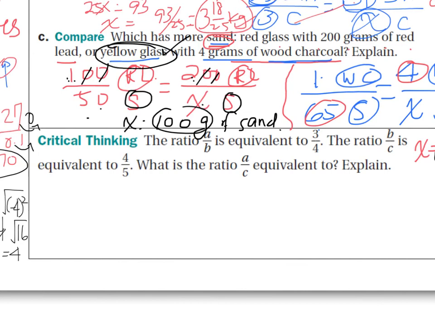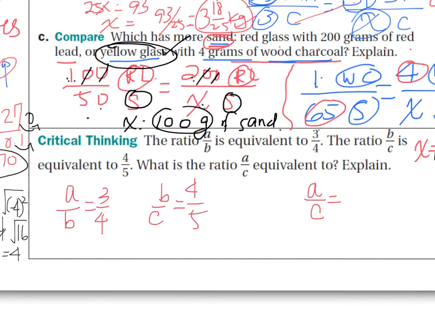Critical thinking. Take some notes: the ratio A over B is equivalent to 3 over 4. The ratio B over C is equivalent to 4 over 5. And what is the ratio A over C equivalent to?